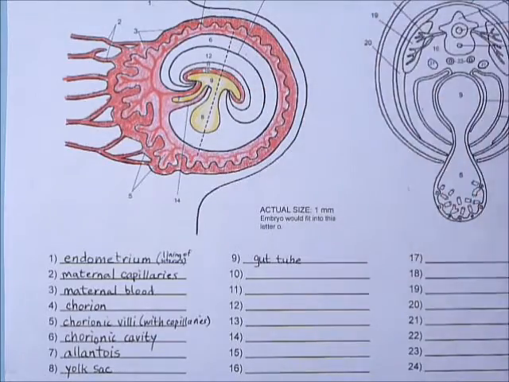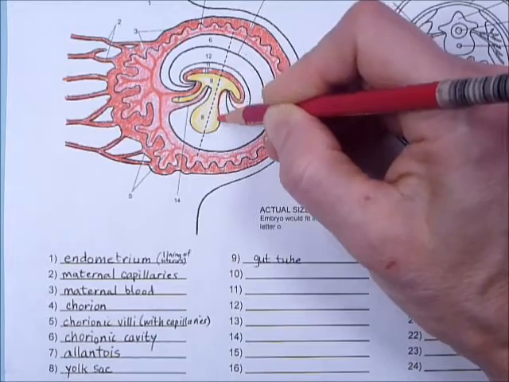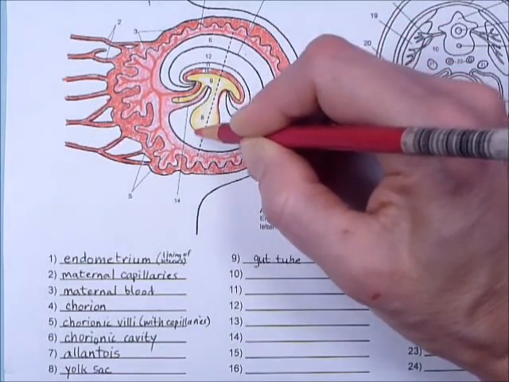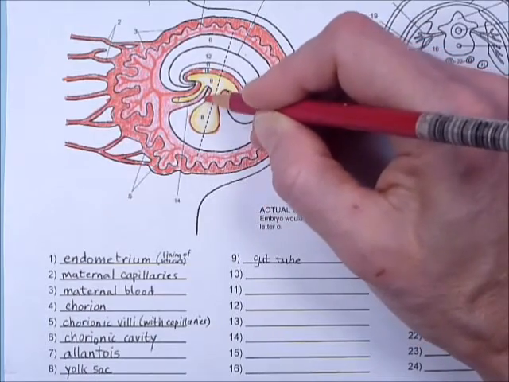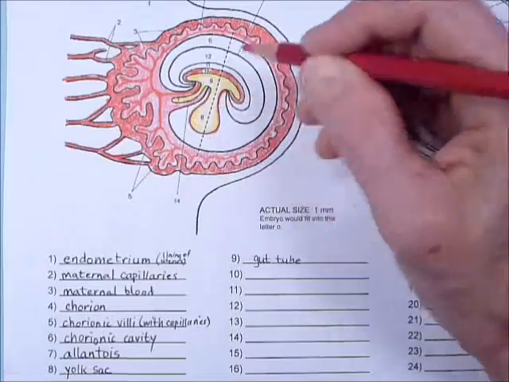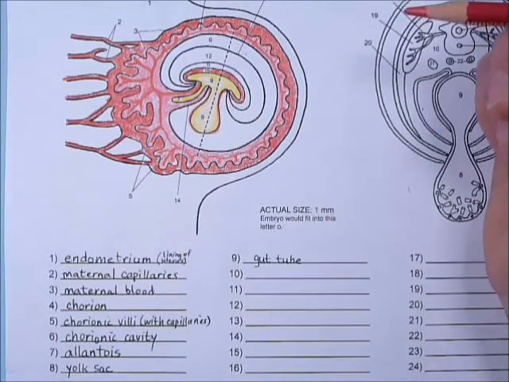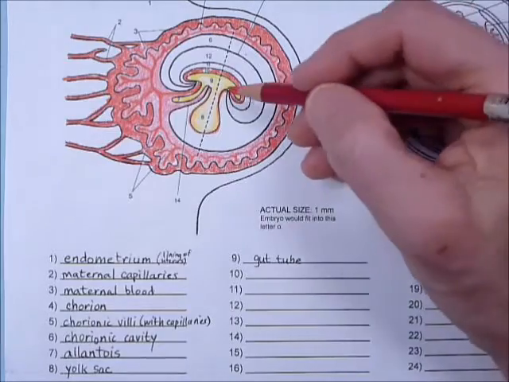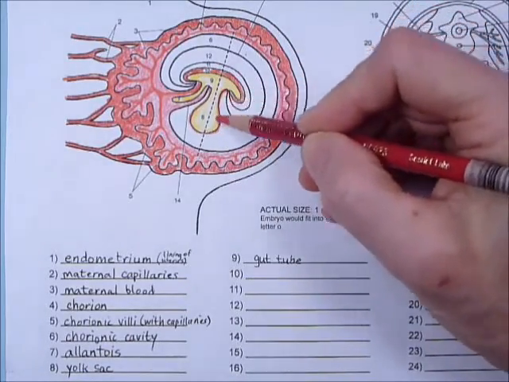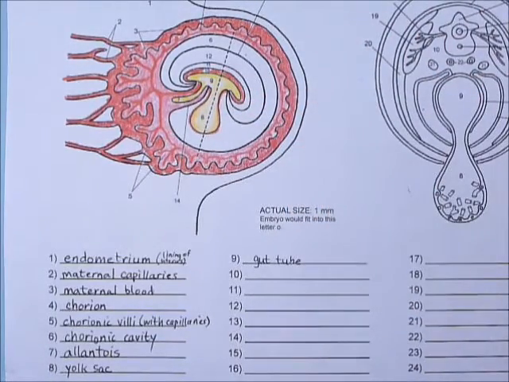Now I want you to add a red line right here, because at some point there's some mesoderm that grows around the outside of the yolk sac. And let's just go ahead and put that in. That's all I'm really going to say about it, because I'm afraid if I say a lot more I'll be in error, because I just haven't been able to find a lot of good information about it. But just so you know, there is a little bit of mesoderm covering around the yolk sac.